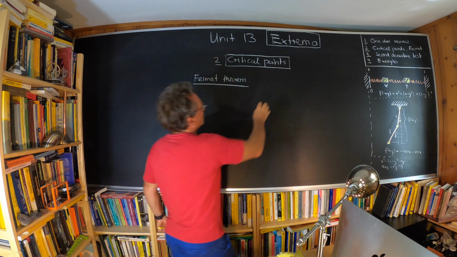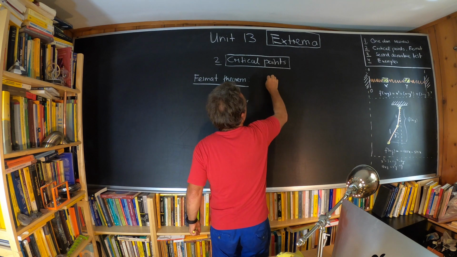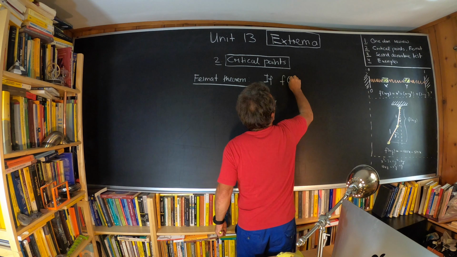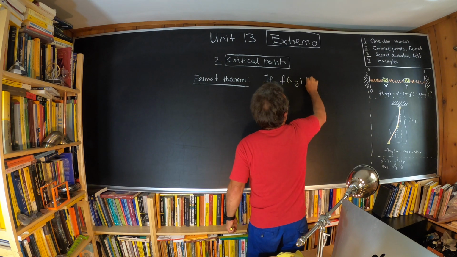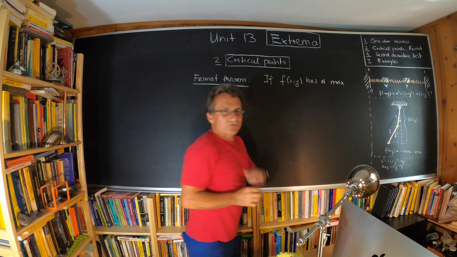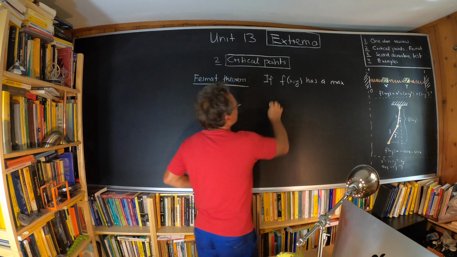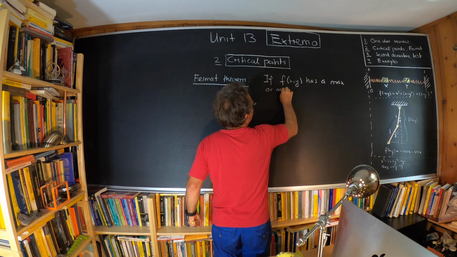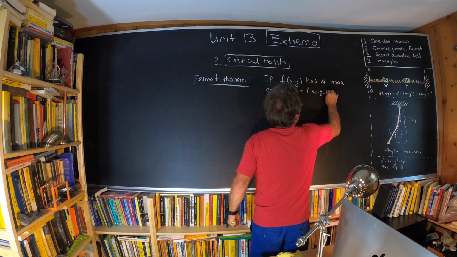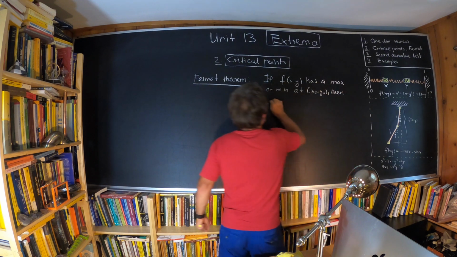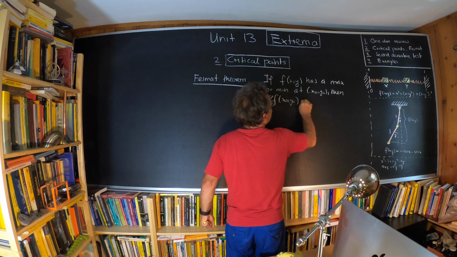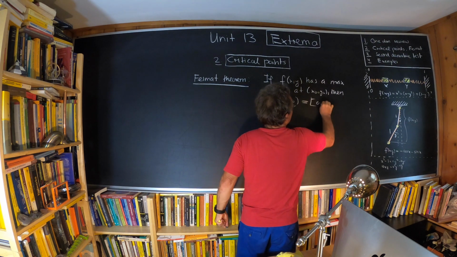So if f has a max, I just write max for maximum, or min at (x naught, y naught), then the gradient of f at (x naught, y naught) is equal to the zero vector.